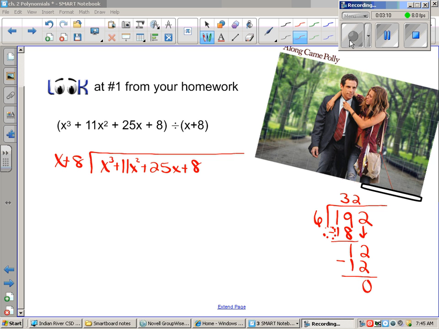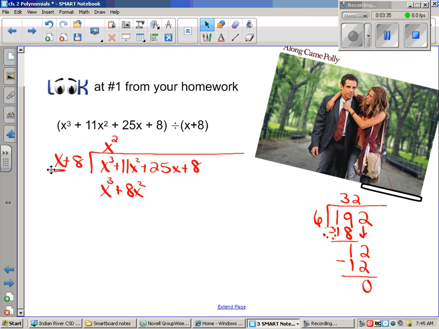Let's go ahead and divide this. What I'm looking for is, you're just going to look at that first term and say, x goes into x cubed how many times? X squared. Then you're going to take that x squared and multiply it by both terms. So x squared times x gives me x cubed. X squared times the 8 gives me 8x squared.